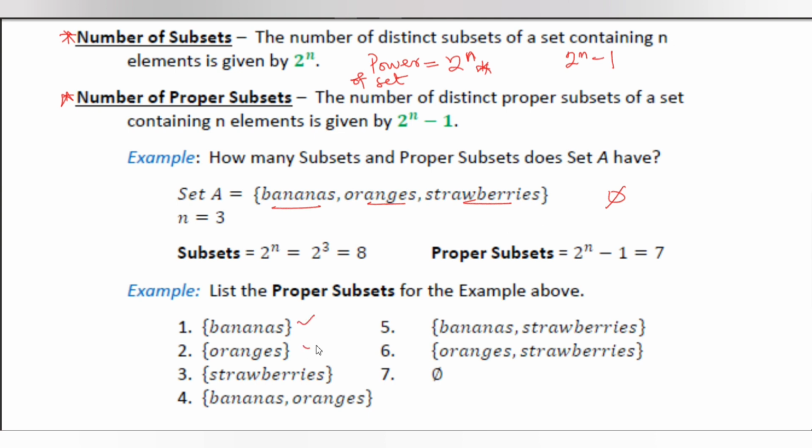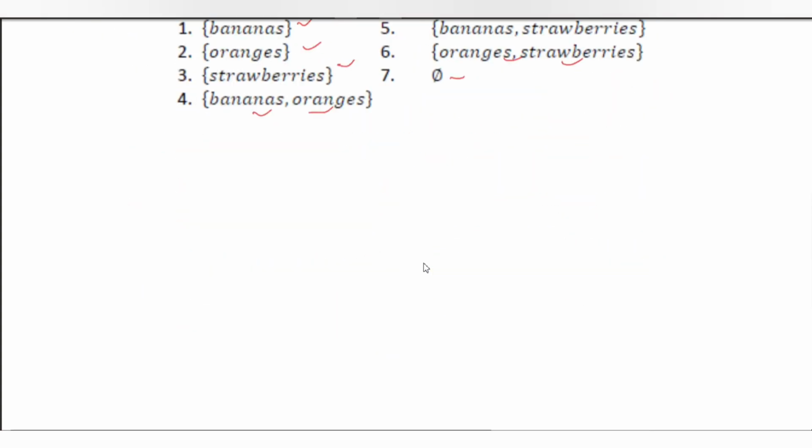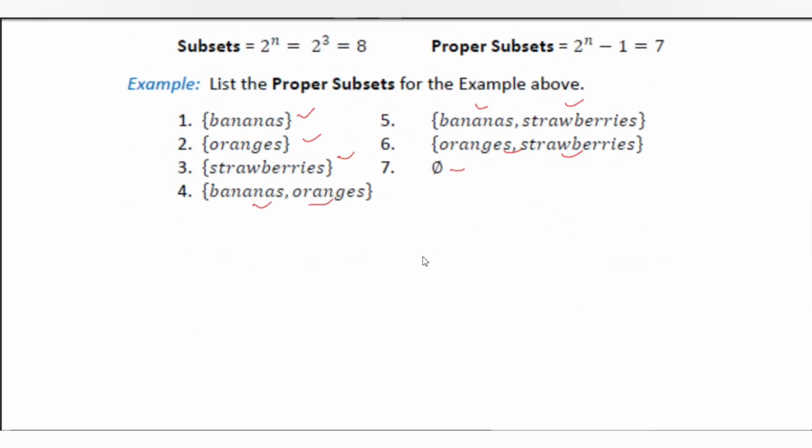Then the next ones will be where you have a single member, then where you have two members of the set. Where you have the whole 3 members present is not a proper subset, but it is a subset.